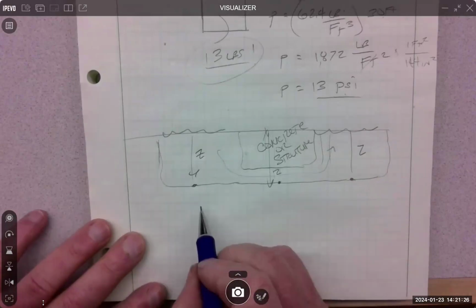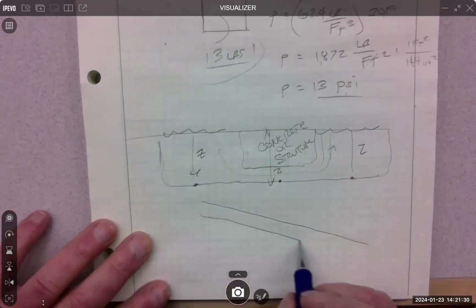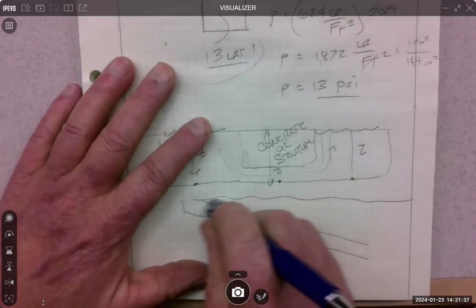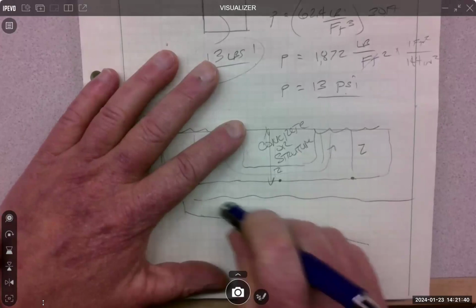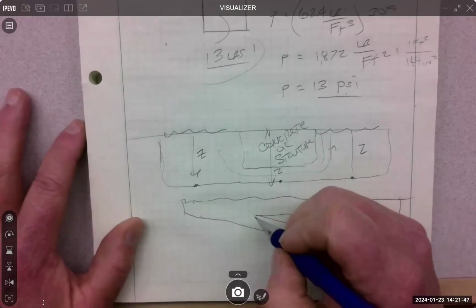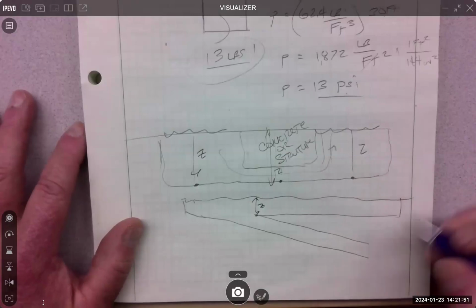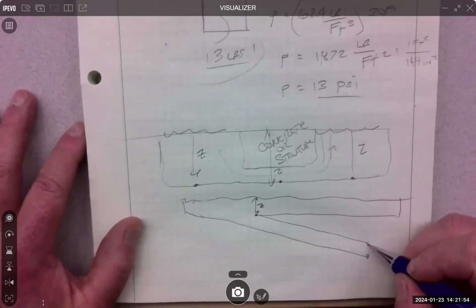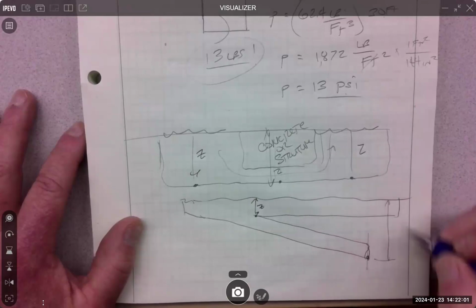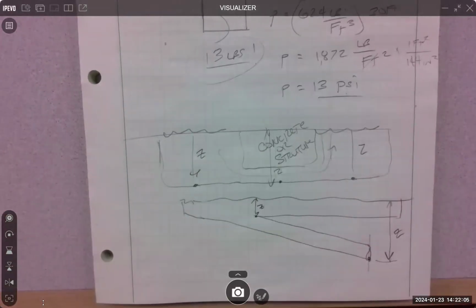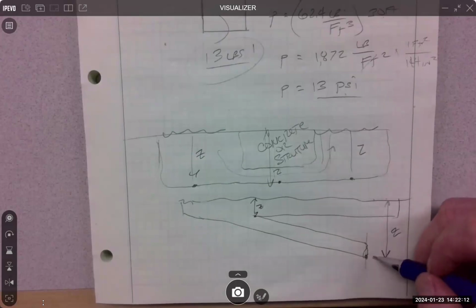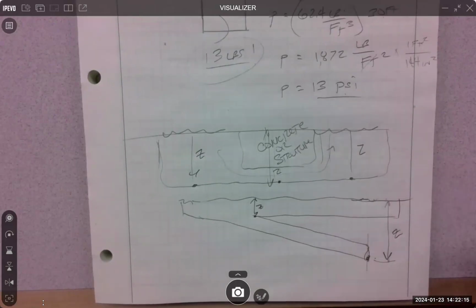So if we have a pipe that's running underground, and here's ground, and our pipe comes up to this reservoir, so our reservoir looks like this, the pressure here is based on Z. The pressure here, let's say this is the end of the pipe, so it's like an opening, but it's blocked off, is based on Z. So water's pretty unique in that you don't need the water column directly above, you just need this Z distance to the top of the water to create the pressure.